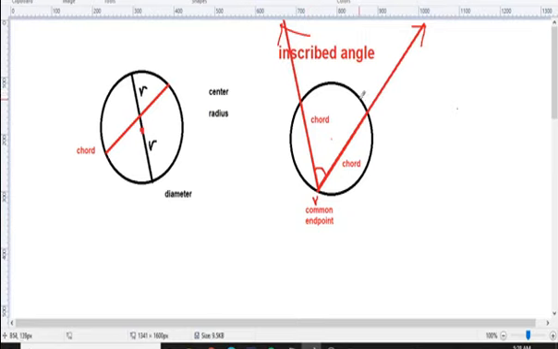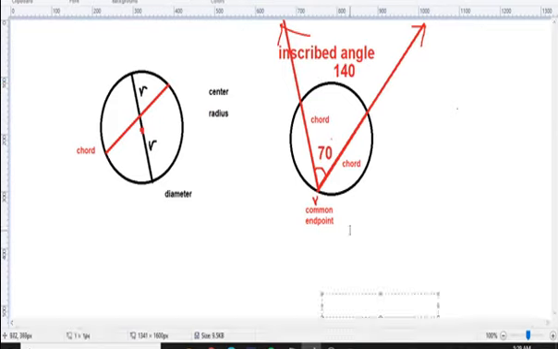It's hard to explain. It has a definition, but I can picture it out, though I can't actually say the definition, but I know exactly what it looks like. So basically, the measure of the inscribed angle is one half the measure of its intercepted arc. So that's the thing about inscribed angles.